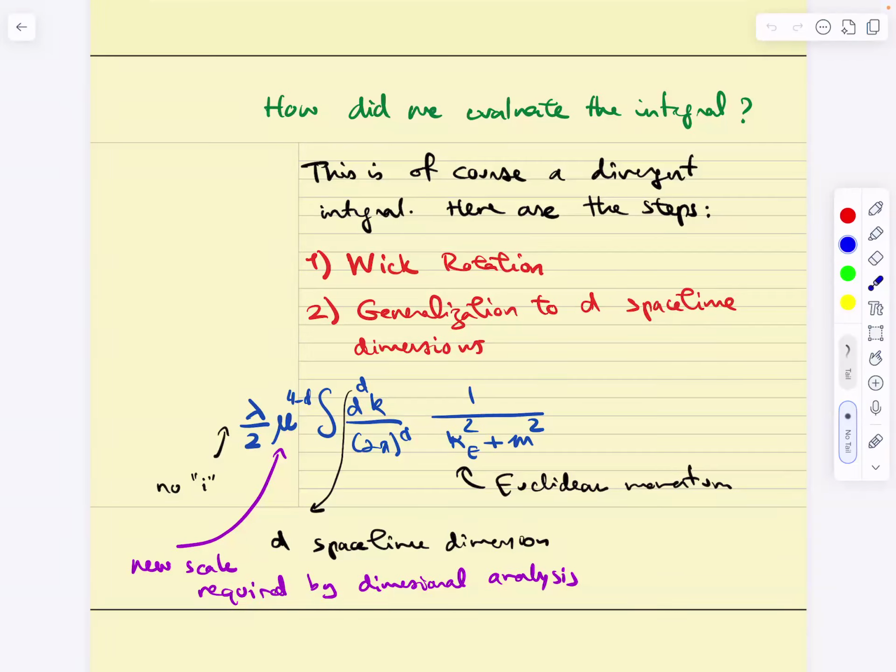But we notice that the divergence occurs when this power is 4 exactly. Why is that? Naive dimension counting. Deep in the UV, this m squared is irrelevant. This goes like 1 over K squared. This is 4 powers of K. So by dimension counting, this blows up like lambda squared, the cutoff squared.